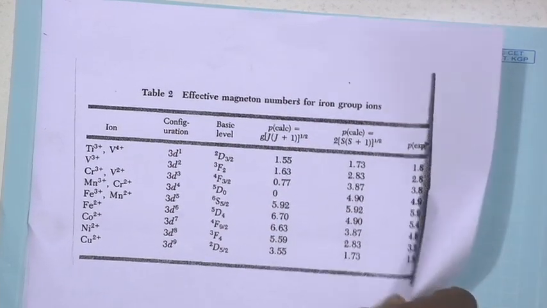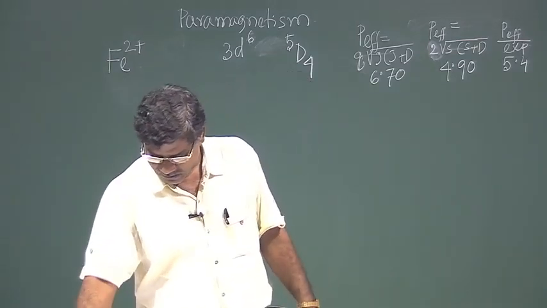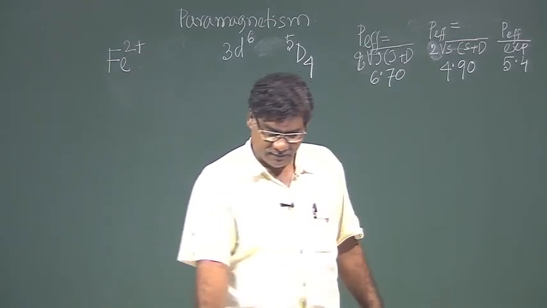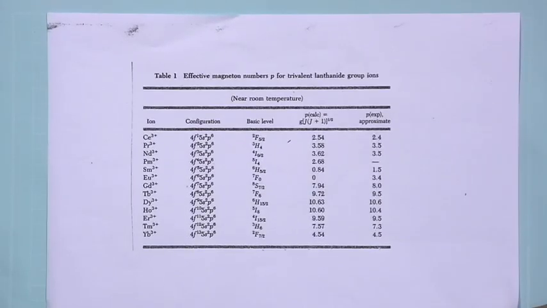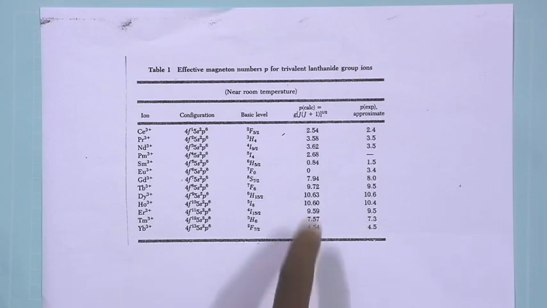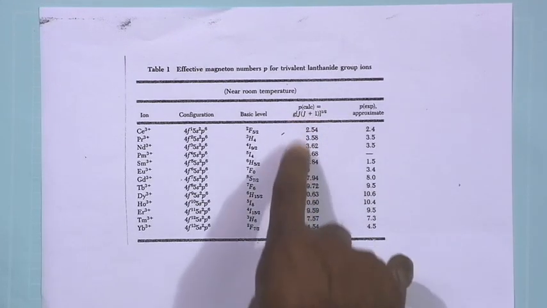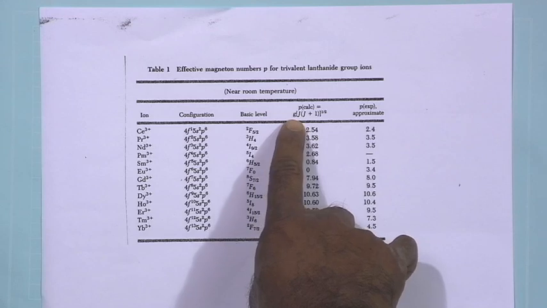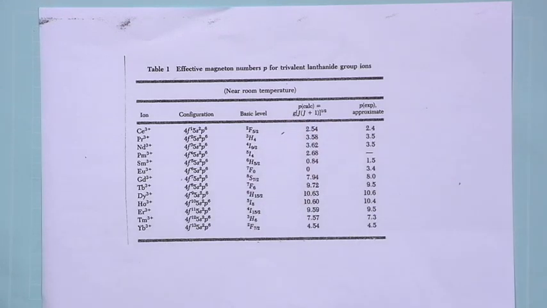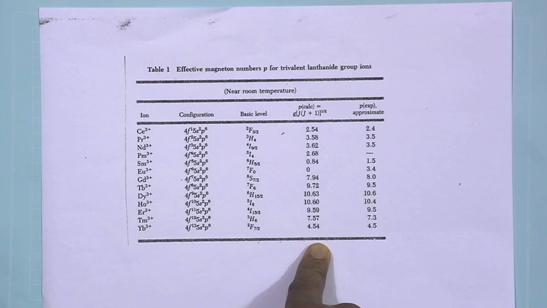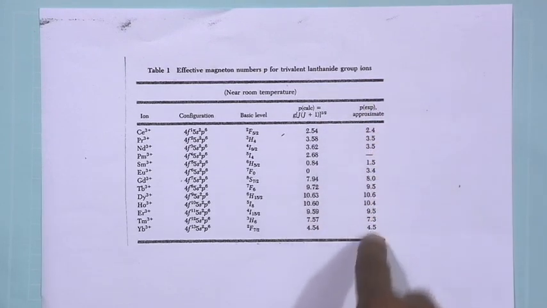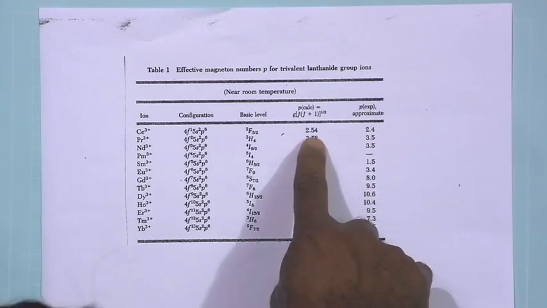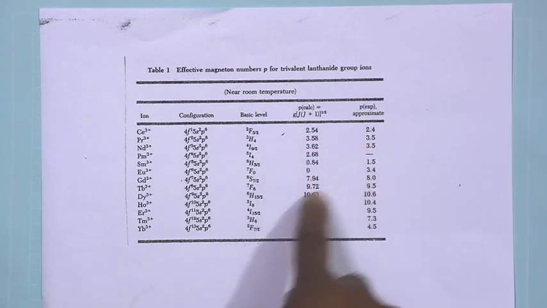And then in case of rare earth salts, you can see this P calculated, that is gJ square root of J plus 1, whatever value we have calculated. Experimentally, whatever value we got, you can see all are matching well.